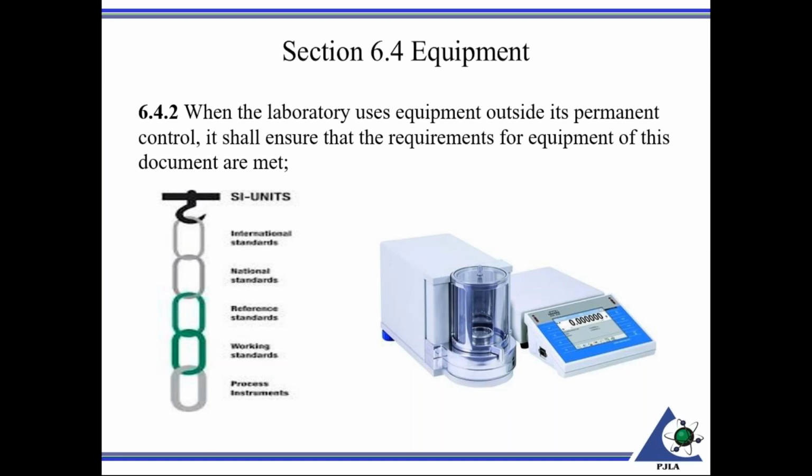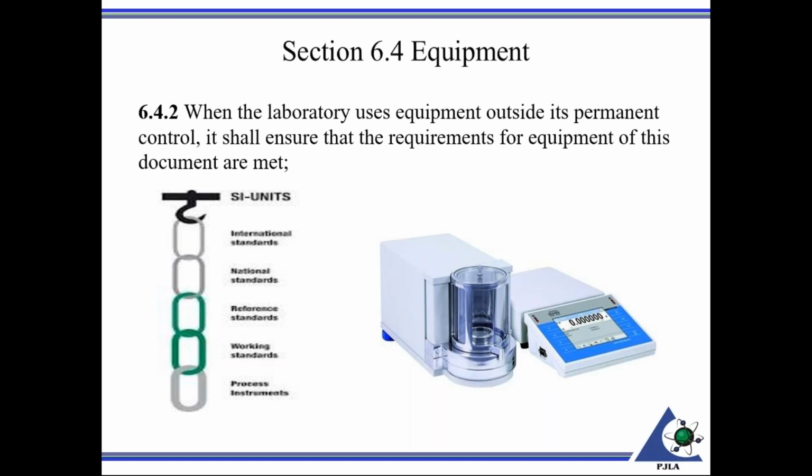When the laboratory uses equipment outside its permanent control, it shall ensure that the requirements for equipment of this document are met. So we're referring to mainly traceability here. So if for whatever reason your equipment goes out of your control, or you need to acquire equipment that you don't own, and it's out of your control, and traceability is needed, you need to assure that those requirements are met.